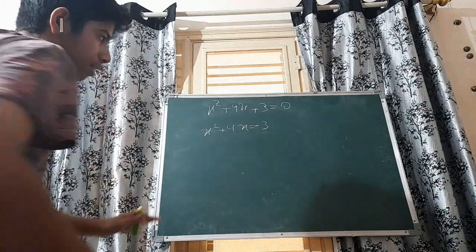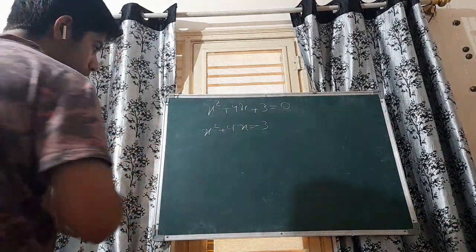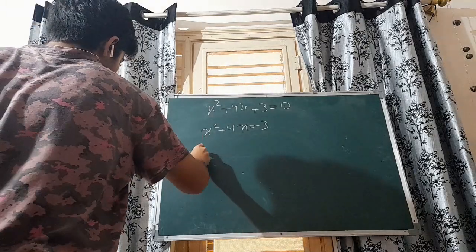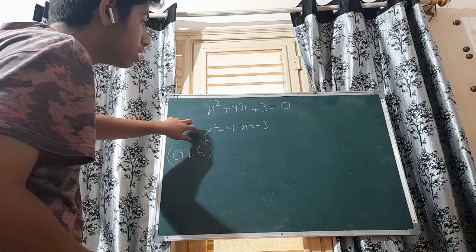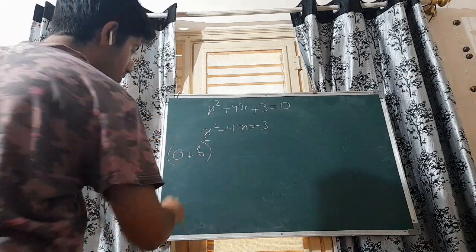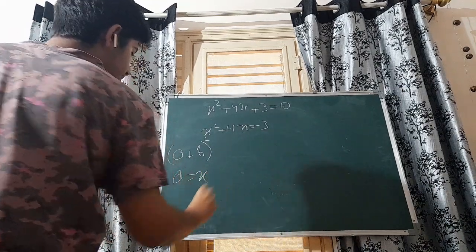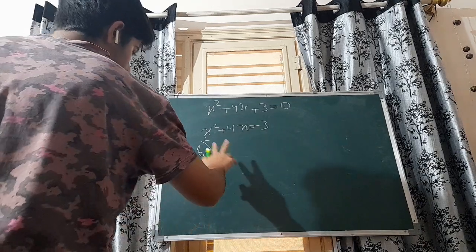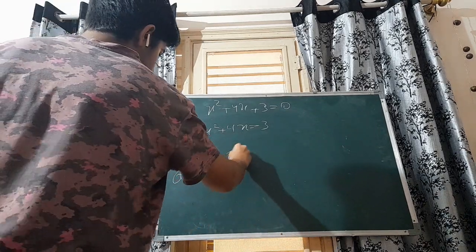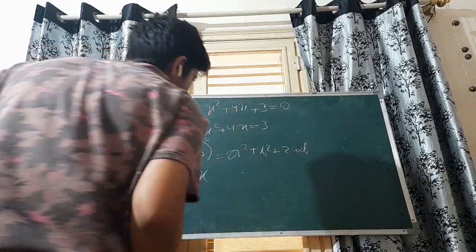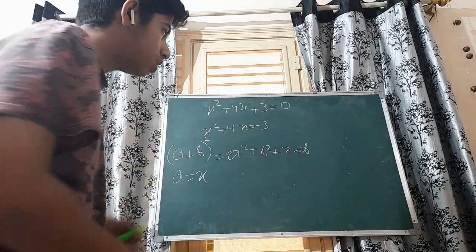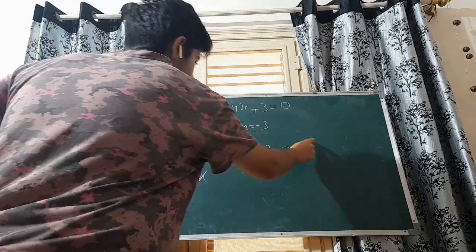Now, we have a square term, so we're going to use the formula of a plus b whole squared. Here, if x squared has to come out, a is supposed to equal x. So let's say a equals x here. The formula for a plus b whole squared is a squared plus b squared plus 2ab. We don't have another square term over here, so we are going to consider 4x to be 2ab.